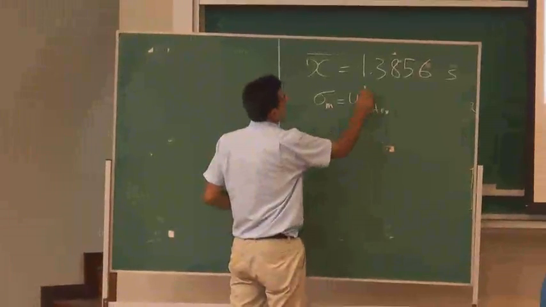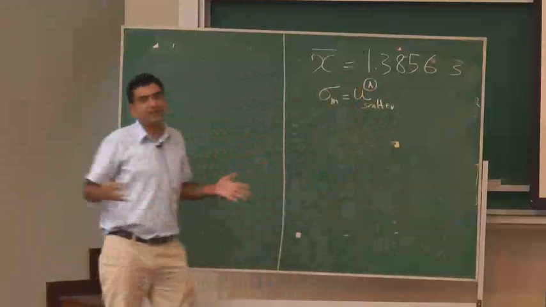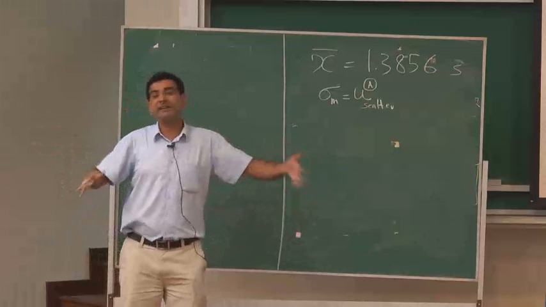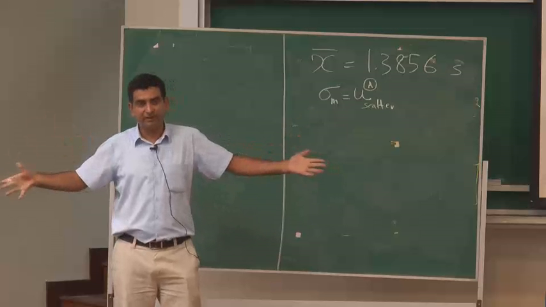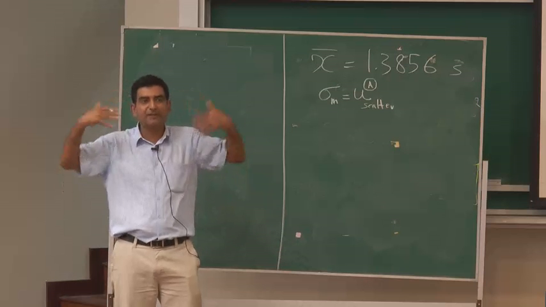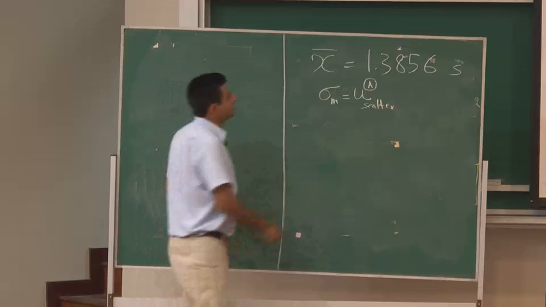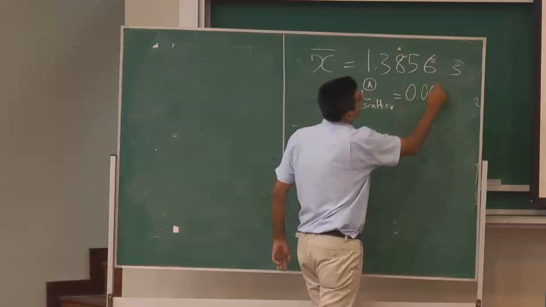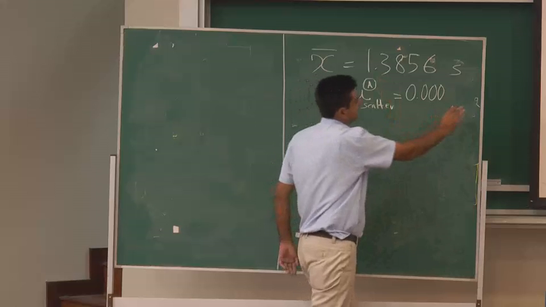I put an A here to tell you what type of uncertainty it is. Remember, when you combine uncertainties, it becomes meaningless what type it is. Originally, it makes sense to have it clear in our mind. So this uncertainty is 0.000275.